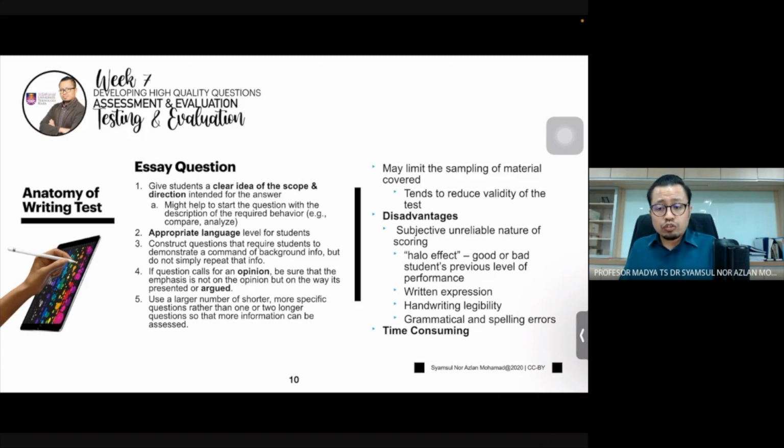Same goes with the halo effect that I mentioned before. And also something that makes us very uncomfortable, a bit irritated, because somehow we will dwell with the grammatical and also the spelling errors. And of course, when this happens, it is very time consuming. But however, this is the best writing item to measure the intellectual demand.